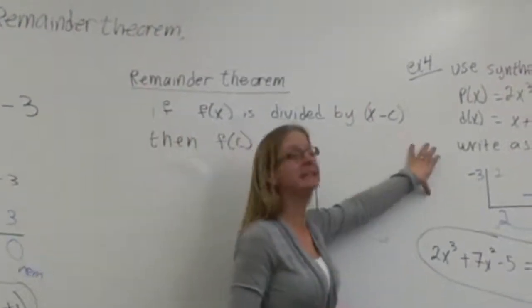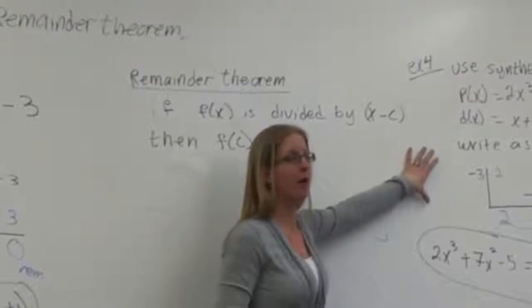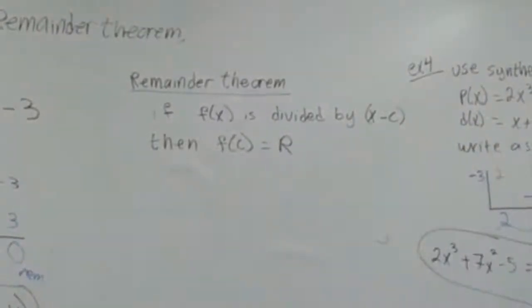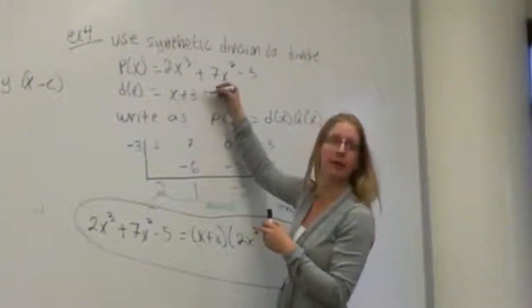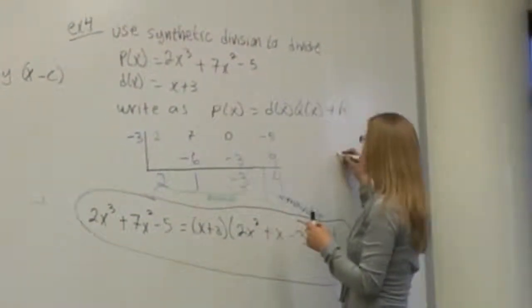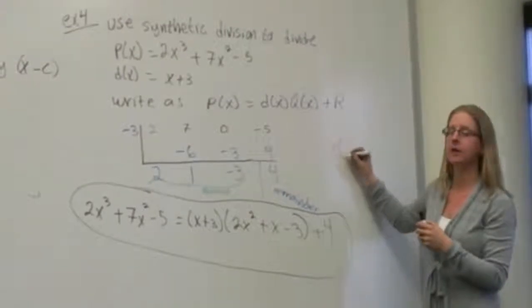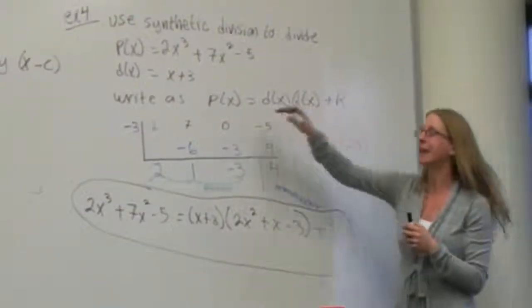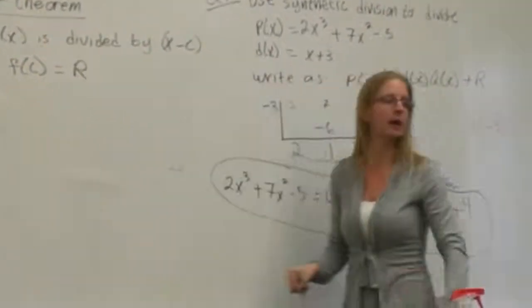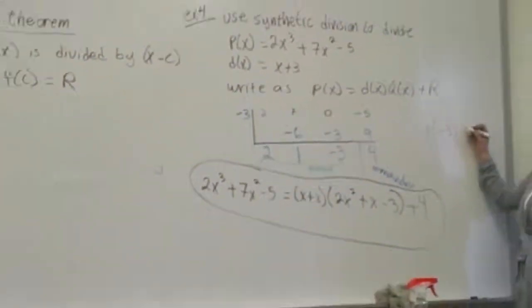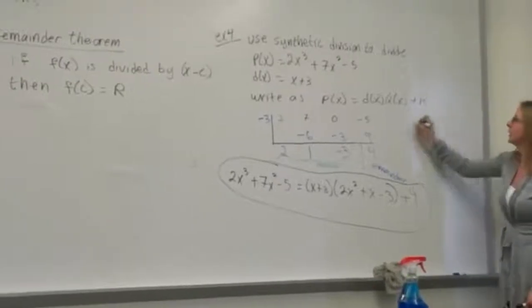So going back to the example we did before, it had a remainder of 4, and I was dividing it by x plus 3. Which meant that in my polynomial function, if I plugged in negative 3, the opposite, I would get 4.